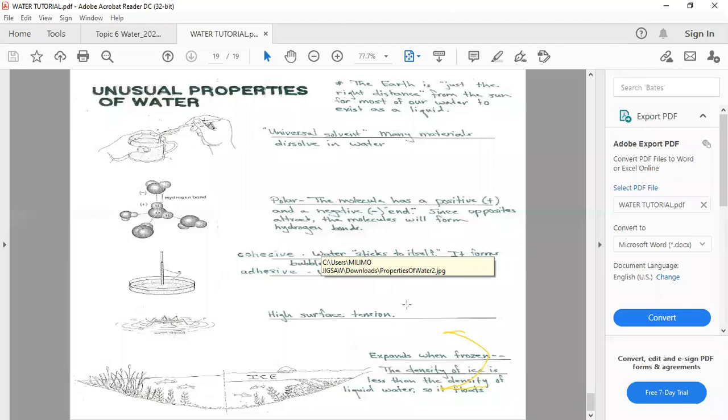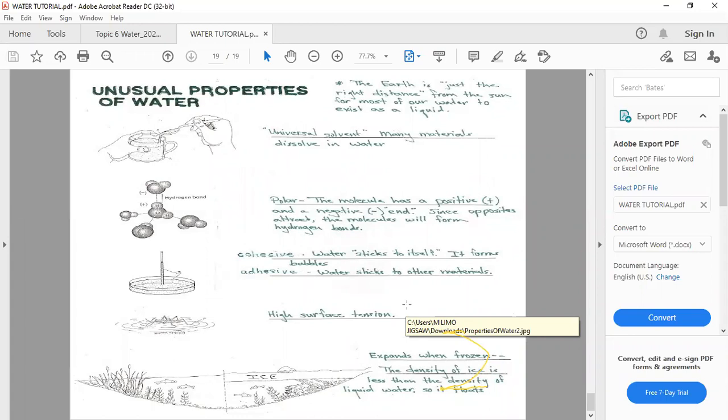And then we've looked at water sticking to itself, which is cohesion, attraction between water molecules. And we've also looked at adhesion, which is attraction between water molecules and other materials.